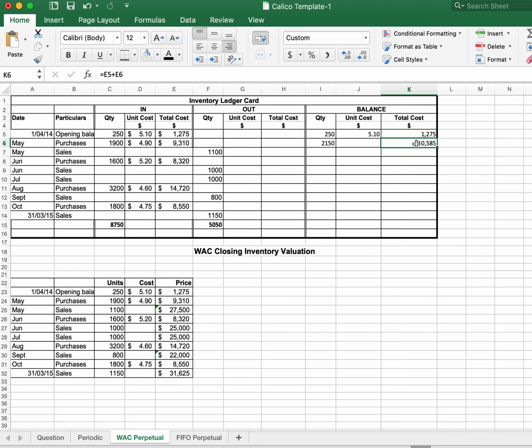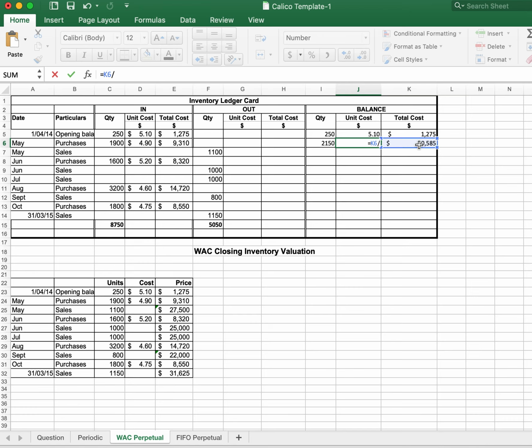This figure here is already populated. Okay, it's what we originally cost plus what we've paid more. So that gives us the value of the stock, and it gives us the amount of units we have. So what is each of the units worth?